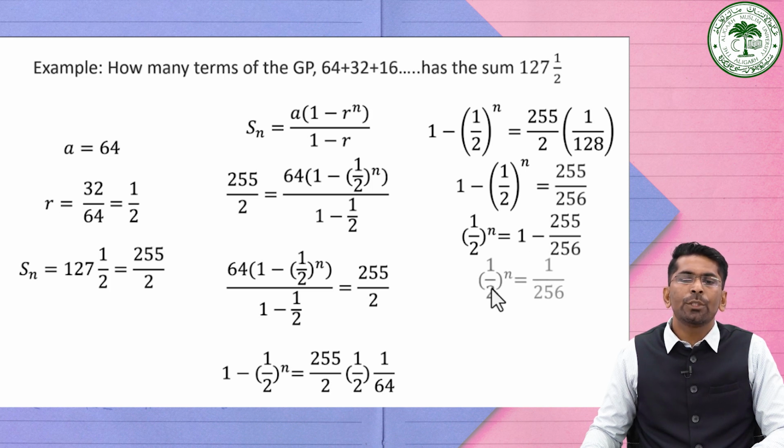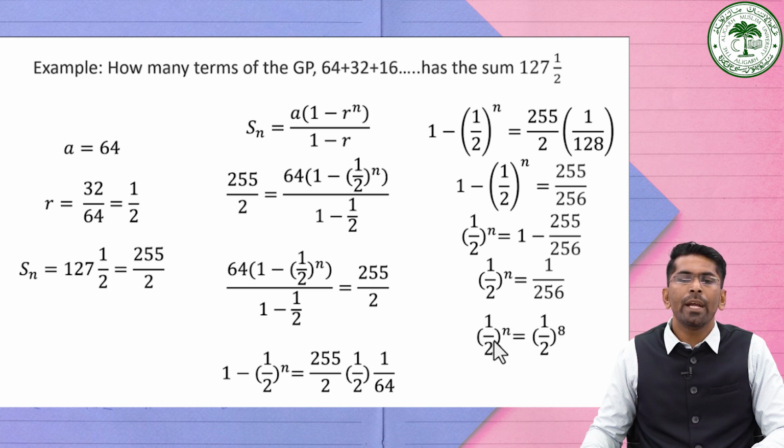So 1 by 2 raised to the power n is equal to 1 by 256, because by taking the common denominator, you are just multiplying and dividing here by 256. Then 256 minus 255 is equal to 1, and in the denominator we have the common denominator, that is 256. So it is equal to 1 by 256. Now I can write this 1 by 256 with a base of 2.